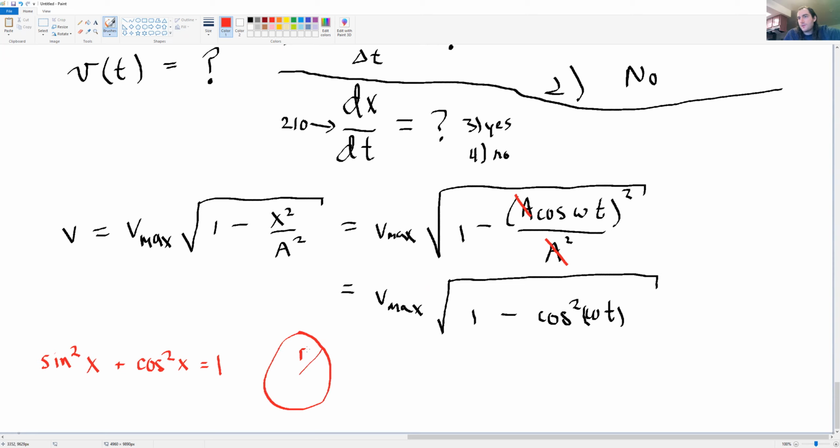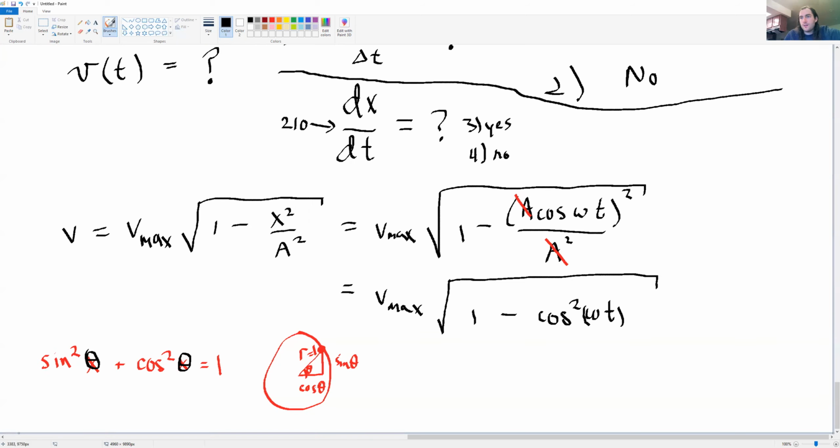The unit circle has radius r equals 1, and at some point on the circle, the x coordinate of that point is cosine of theta, and the y component is sine theta. Let's put thetas here. So sine squared theta plus cosine squared theta equals 1.